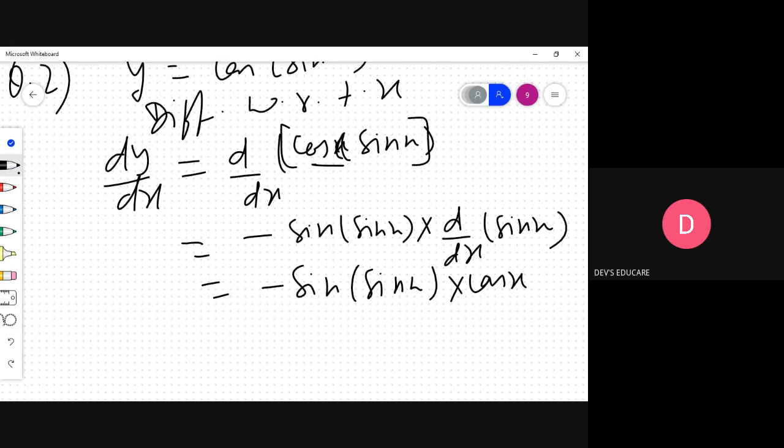So we find the derivative till we get 1. So the final answer is dy by dx equals minus cos x into sine of sin x. This will be the answer.